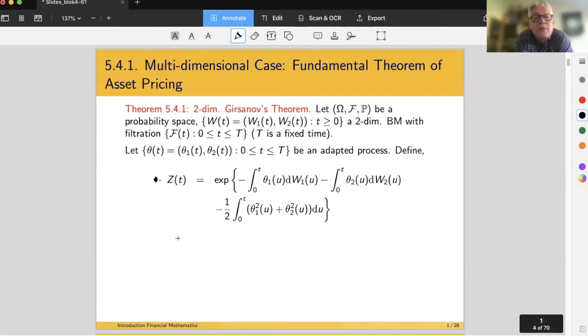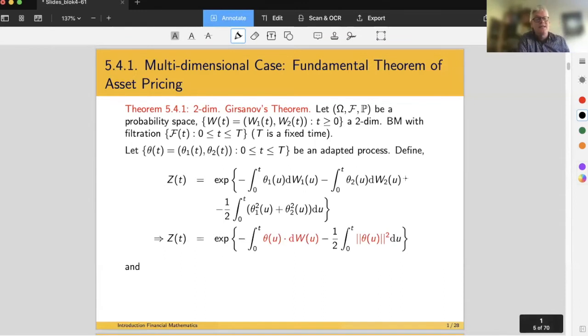Now this can also be written down in a vector valued fashion, and the book does that. So that is then an inner product of theta 1 dW1 plus theta 2 dW2 with a minus sign in front. So that is an inner product, and then we would write it like the book.